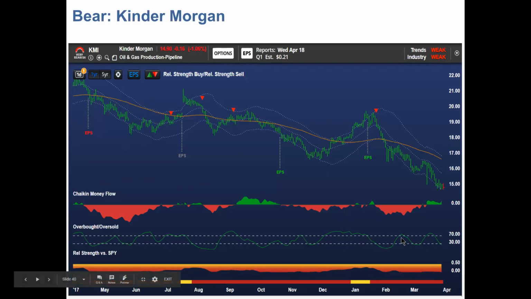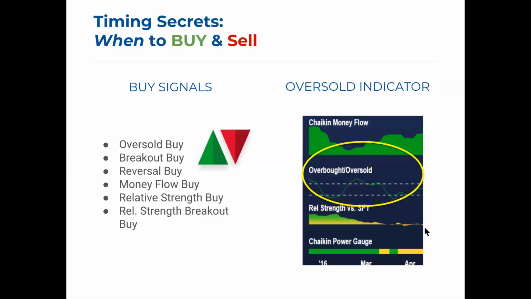You want to be buying it on these lower dips below 30, as you can see here in February, which correlates with this dip here. So this really helps with timing, and timing is the topic of the webinar. So I'll be pointing this out on additional charts as well.